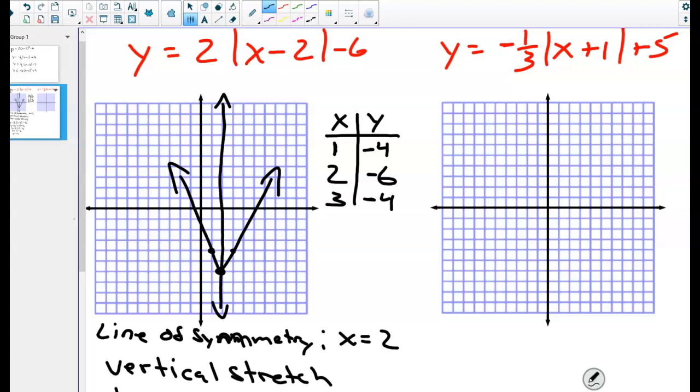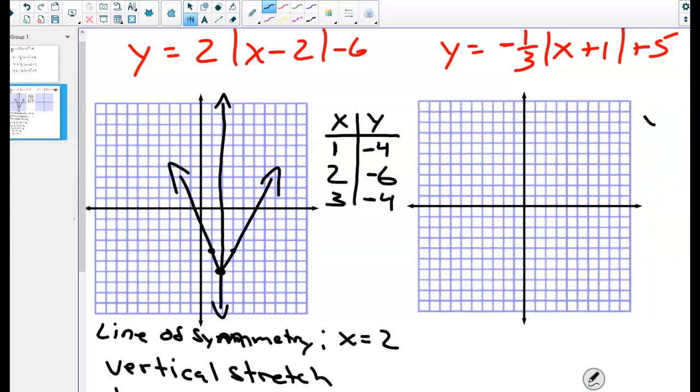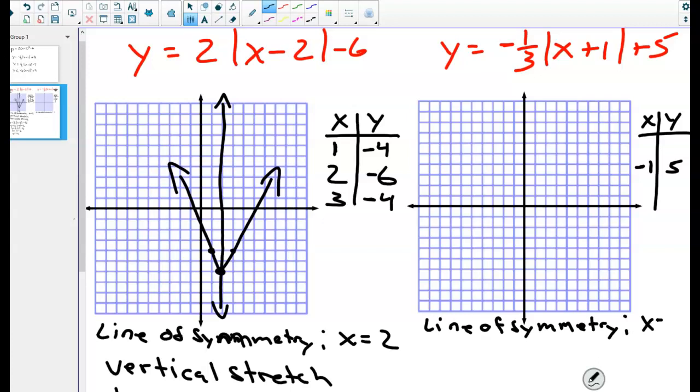The second one, my x and y. Negative 1, 5 is my vertex point, which means my line of symmetry is x equals negative 1.